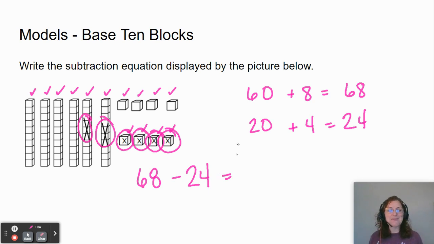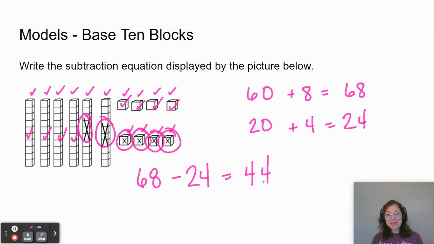Use that old timey word. And then my answer are the blocks that don't have any X's on them. So that's 1, 2, 3, 4 10 blocks, and 1, 2, 3, 4 unit cubes. So I hope this helps how you can read the subtraction problem from the 10 blocks.